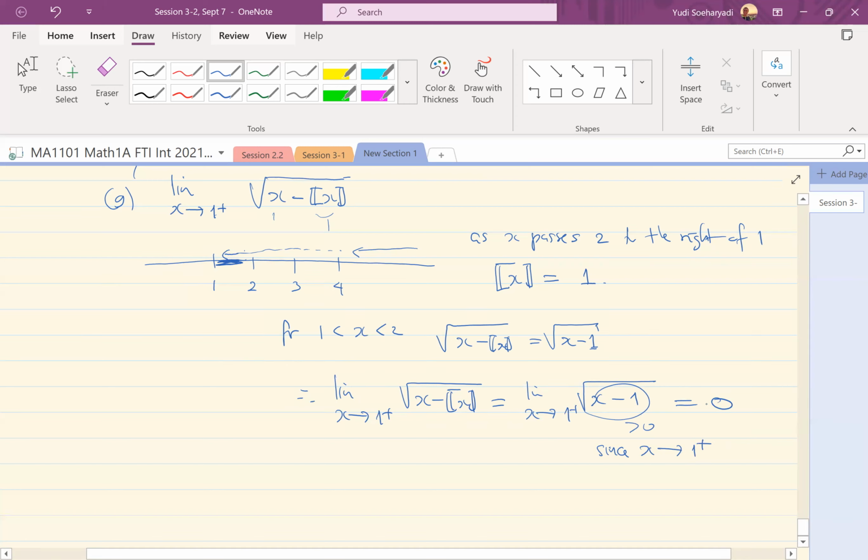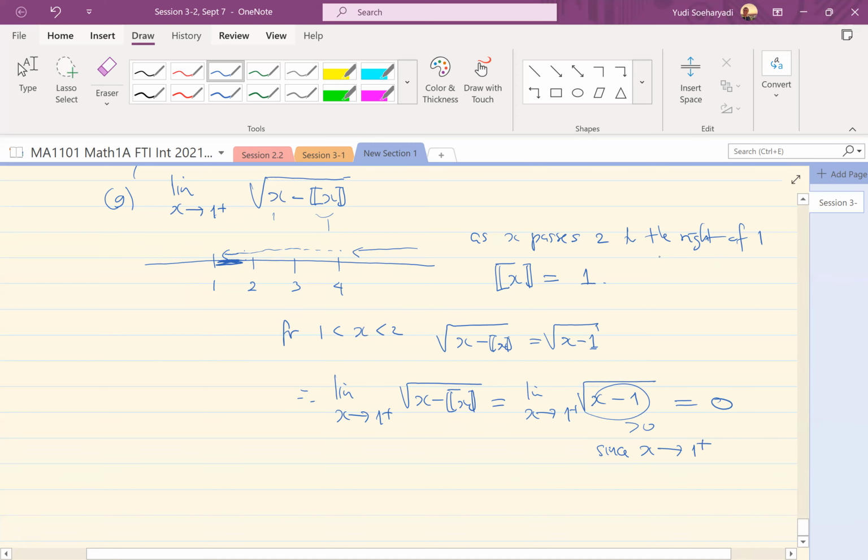Questions? Sir, I'd like to ask: it says that as x passes 2 to the right of 1, but why is the interval only 1 until 2, not 1 until 3? Oh, okay. If you come getting closer to 1 from the right, you pass every number here, right? 10, 9, 8.